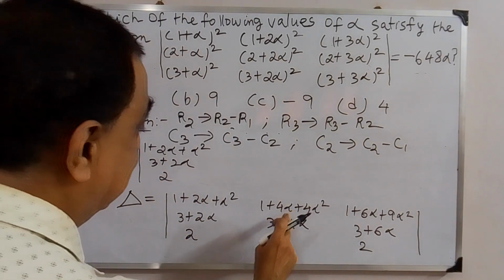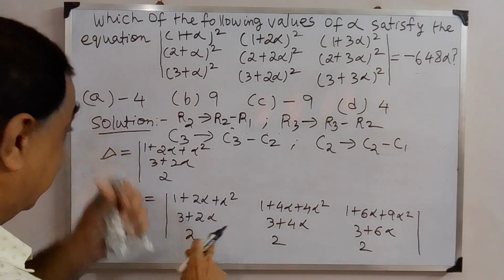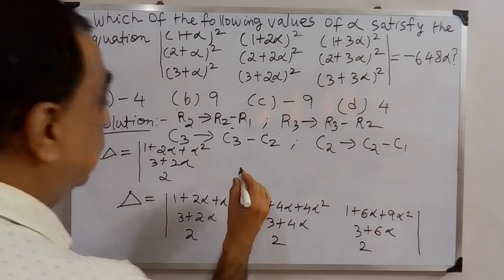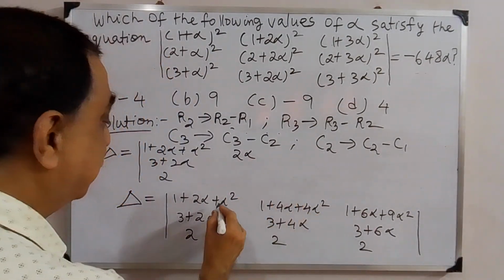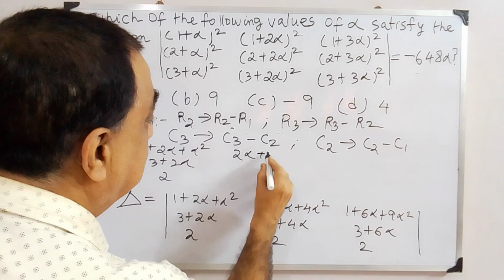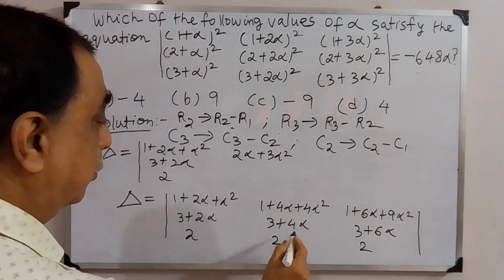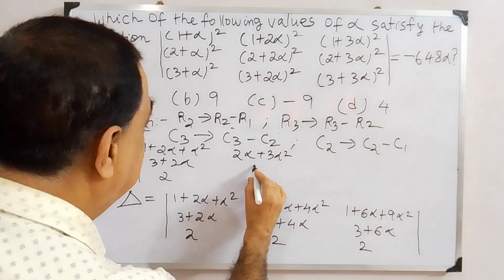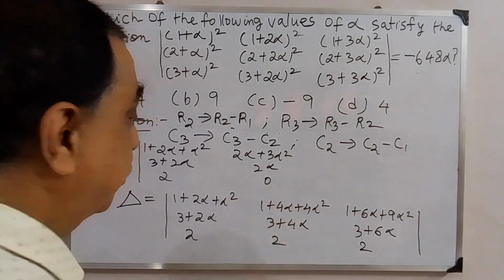Now subtract column 1 from column 2. So 1 minus 1 cuts out. 4 alpha minus 2 alpha will become 2 alpha. 4 alpha squared minus alpha squared becomes 3 alpha squared. Here 3 minus 3 is cutting out. 4 alpha minus 2 alpha will become 2 alpha. 2 minus 2 becomes 0.